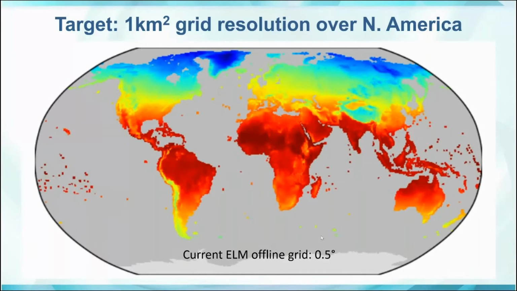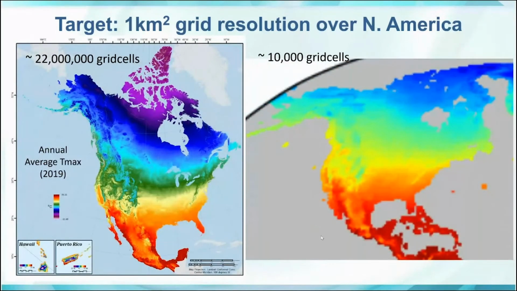And I'll show you what the 1 kilometer grid over North America looks like compared to that half-degree grid, just to give you a sense of the additional detail that we are trying to achieve over this region first and eventually globally with this kind of simulation.